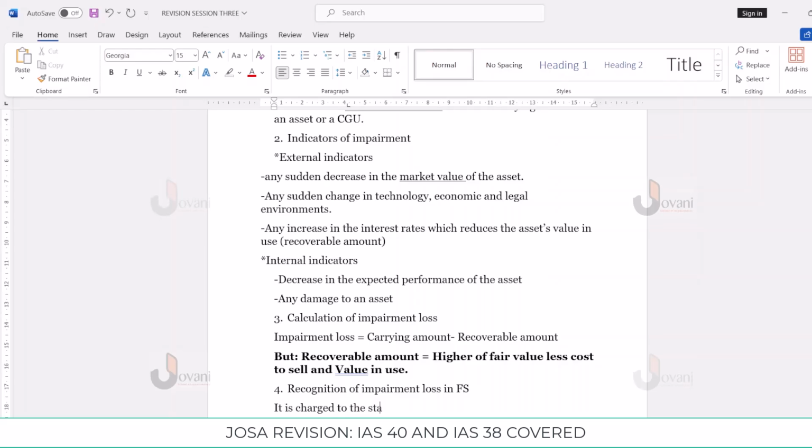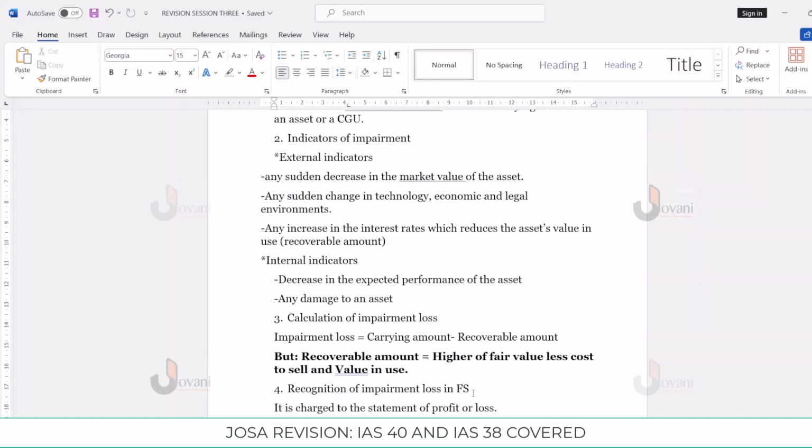It starts with the statement of profit or loss. These are points that you're going to make while making your case in your answer. So once we recognize impairment loss, it is charged to the statement of profit or loss.